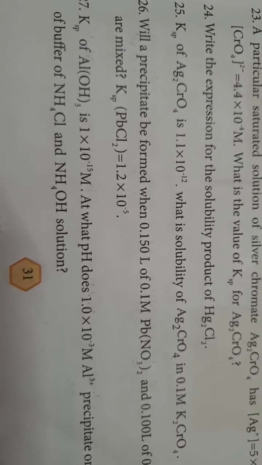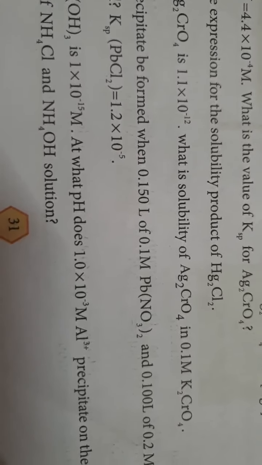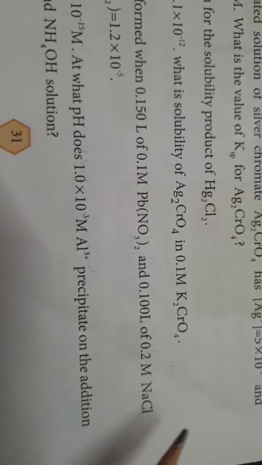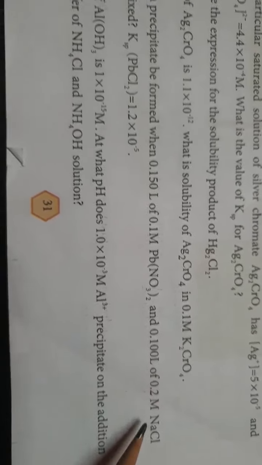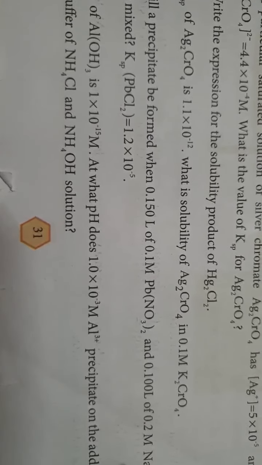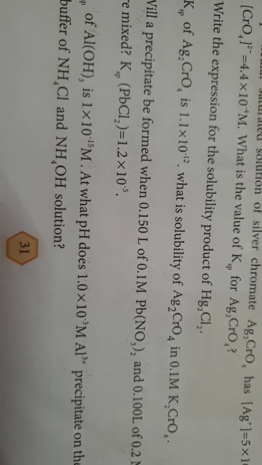Question number 26. Will a precipitate be formed when 0.150 liter of 0.1 M lead nitrate and 0.1 liter of 0.2 M sodium chloride are mixed? Ksp for PbCl2 is given as 1.2 into 10 power minus 5.